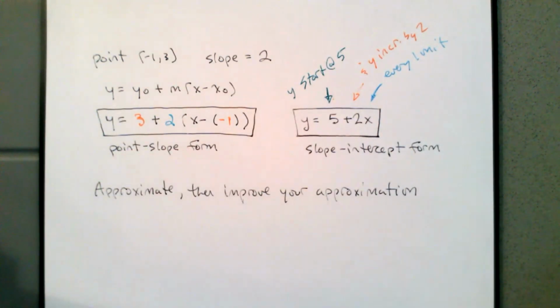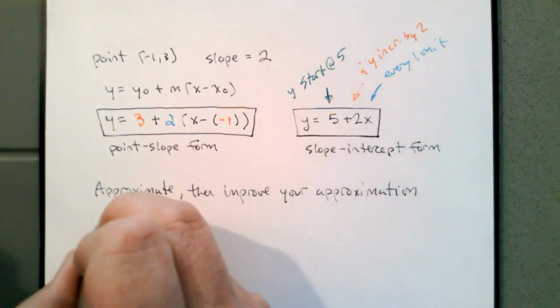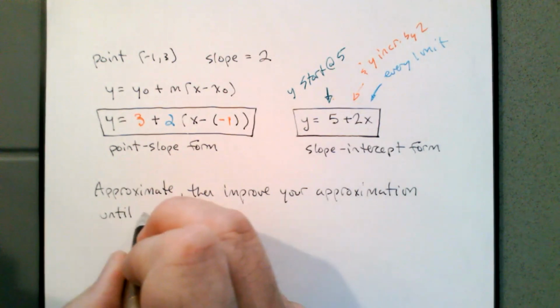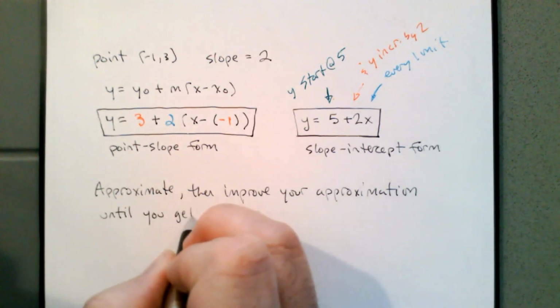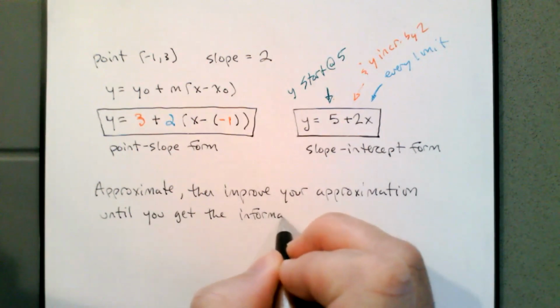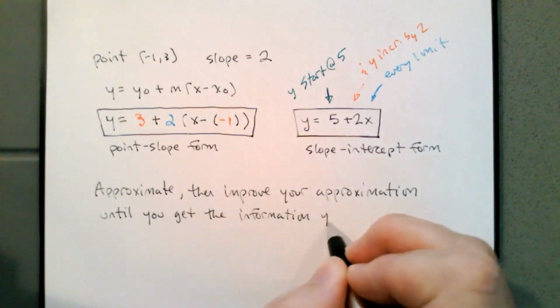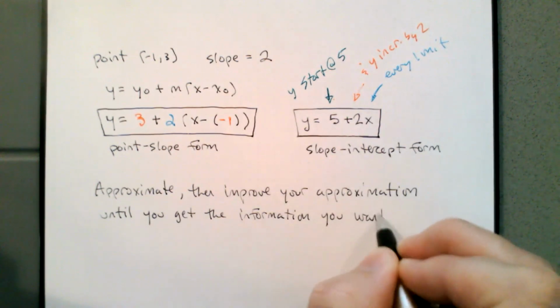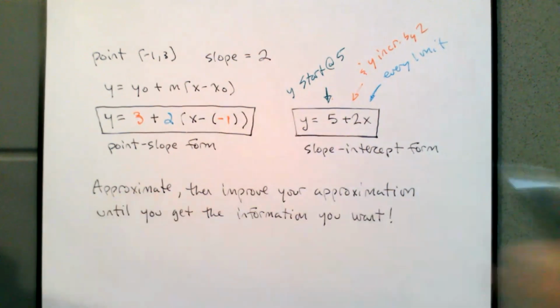Approximate, then improve your approximation until you get the information that you want. Now that's the practical side of where to stop until you get the information that you want.